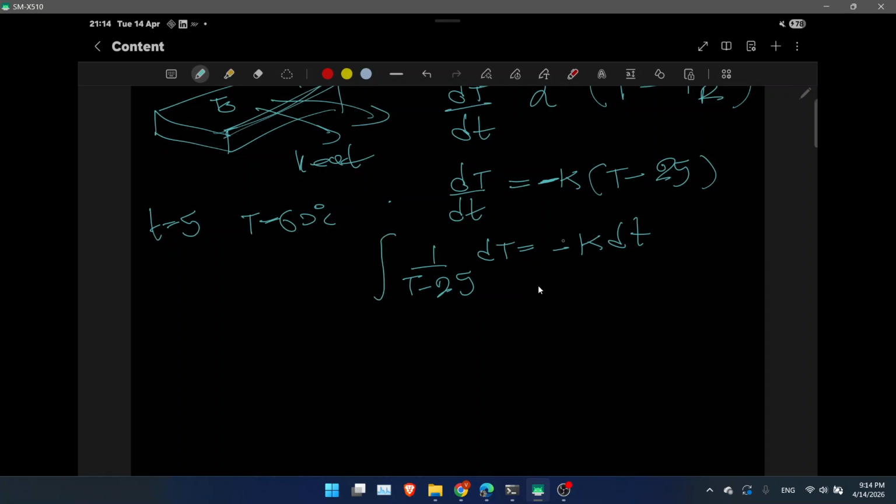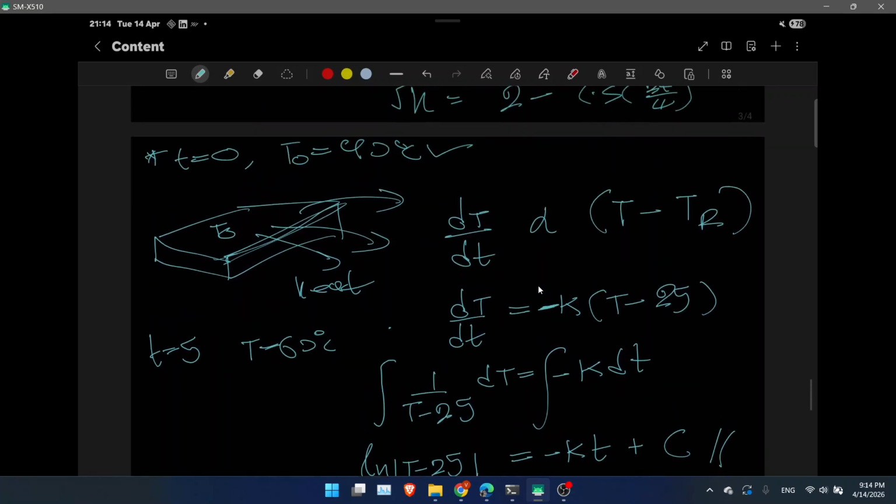We can integrate both sides. So if we integrate, this is just ln of T minus 25 is equal to minus k t plus c. So we solve the differential equation. Now we have two conditions. Now we apply those two conditions and write the equation again.